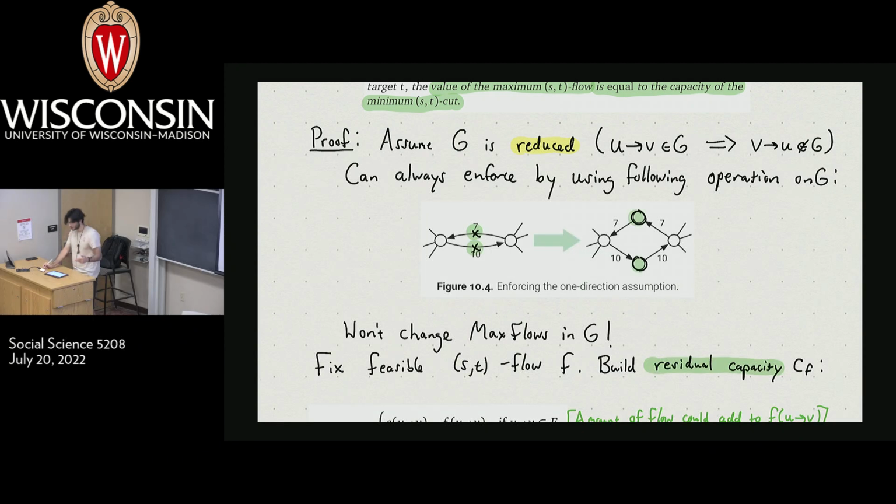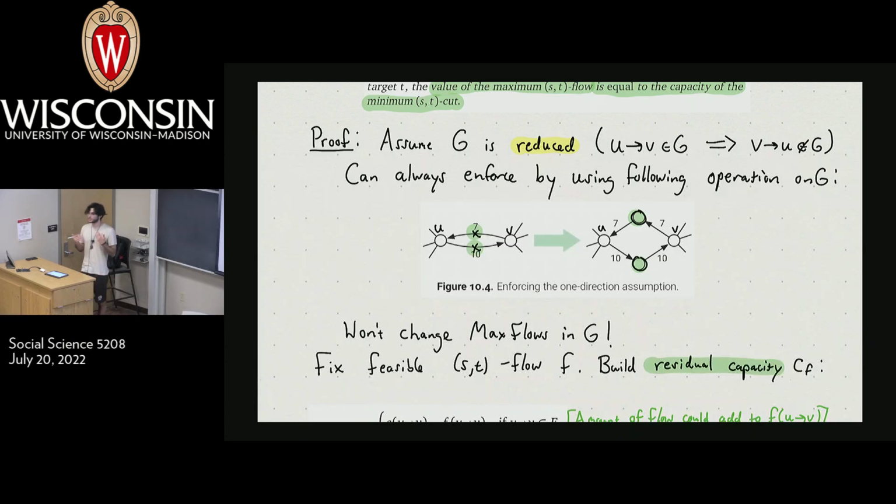So if you do this, the structure of the graph is the same. You still have the potential to send 7 units of flow from, let me call it U and V. You can still send 7 units of flow from V to U, and you can still send 10 units of flow from U to V, but now you don't have this parallel edges thing. So the structure of the graph is the same.